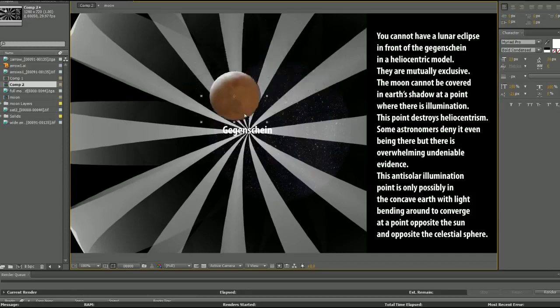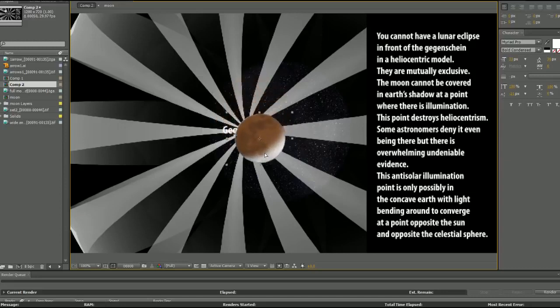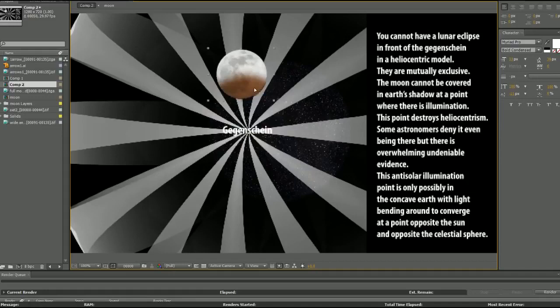When I bring it out like that, it leaves the apple zone of illumination, and it goes in front of the Gegenschein. Okay, I believe it's orange like that because of the glass sky, because red is the least amount of refraction when light goes through glass, and just the incident angle involved. I believe that's why the moon turns red like that.